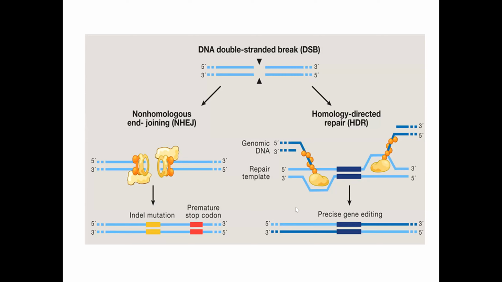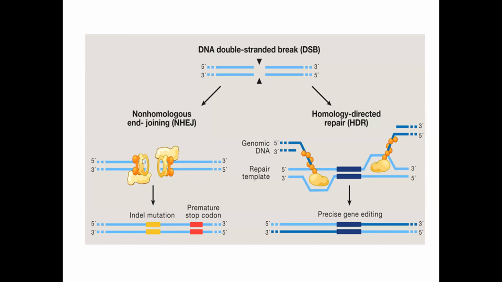So it does some kind of quick fix. Okay, we can say a dirty quick fix, and it actually recruits some proteins which will bind to either ends of the DNA, and then it will try to attach the ends of DNA together. Okay, and this process is actually an error prone process.